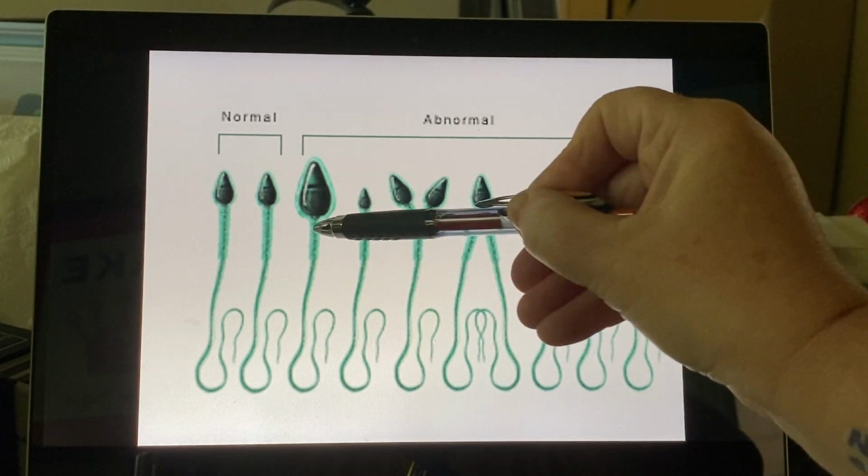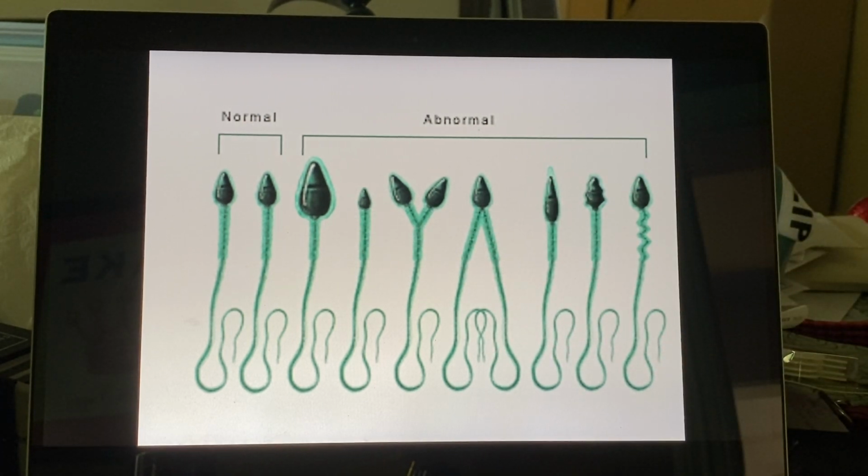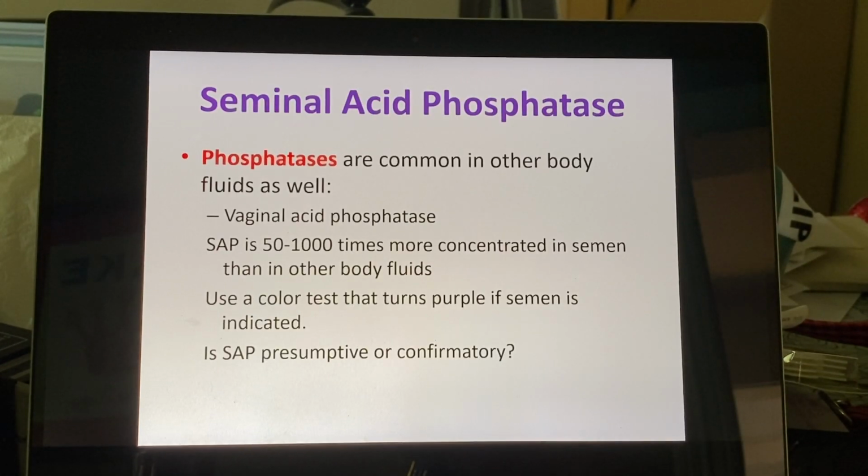These are all abnormal sperm that could affect fertility, but at the DNA lab, we don't care about that, okay? We just want the DNA component so that we can help identify who the offender is. So as long as we have a sperm head, yay, that's good enough for DNA.